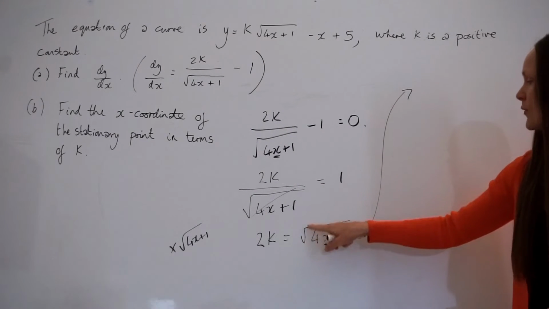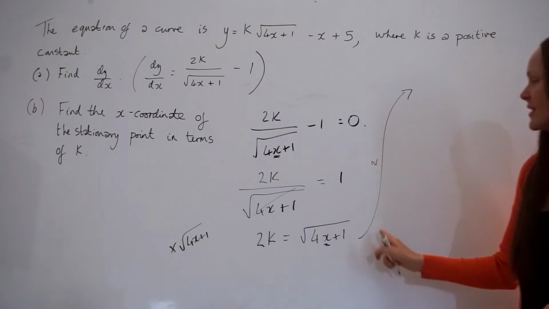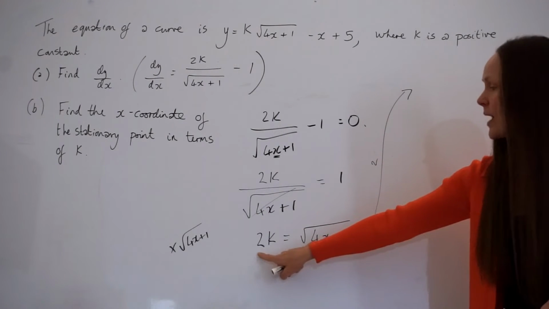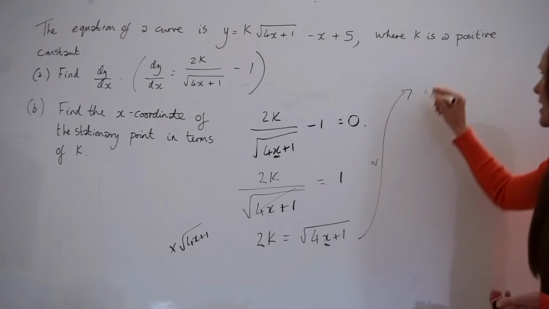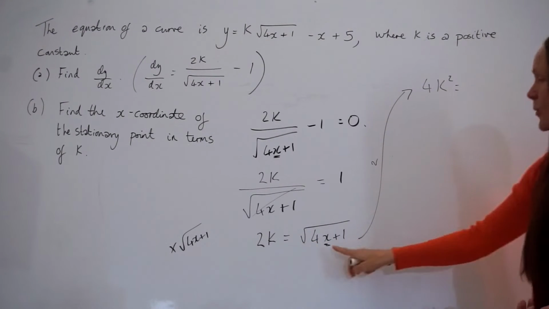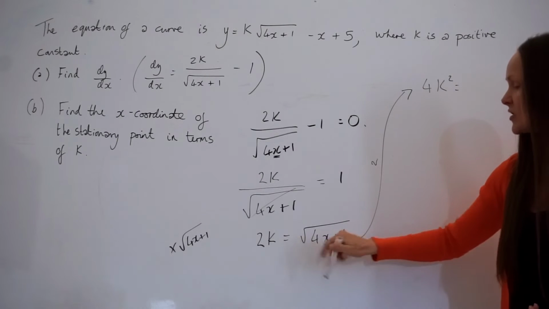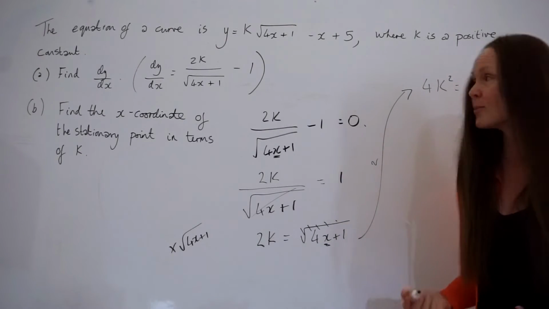The opposite of square rooting is to square. So I'm going to square everything in this equation. If I square 2k, it's like multiplying it by itself, so 2k times 2k is 4k squared. And if I square the right-hand side of the equation, it just cancels out the square root symbol to leave me with 4x plus 1.